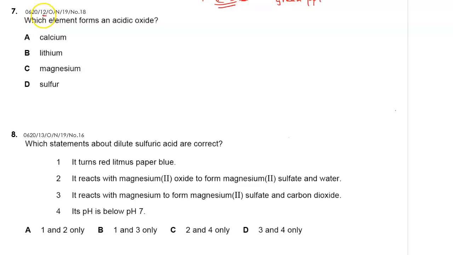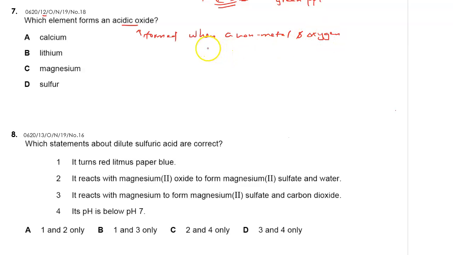Of course, it's from the same variant 1, 2, number 18. Which element forms an acidic oxide? As we mentioned in an earlier question, acidic oxides are formed when a nonmetal bonds with oxygen.